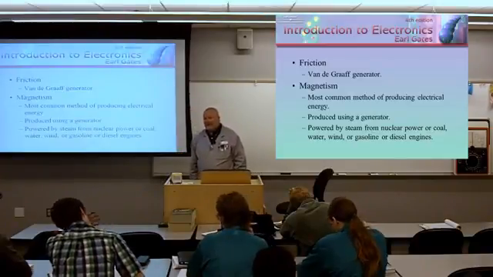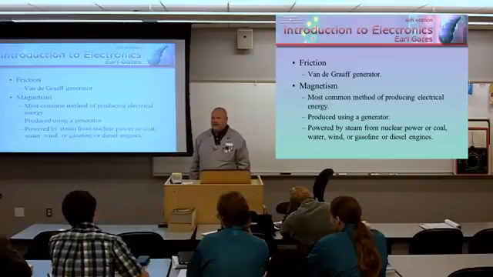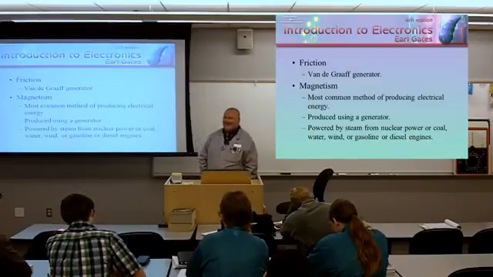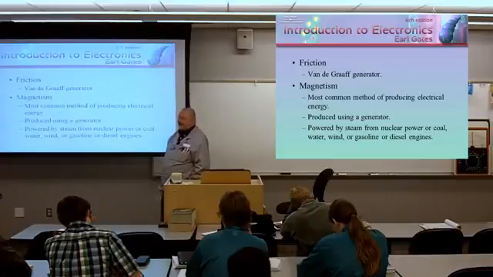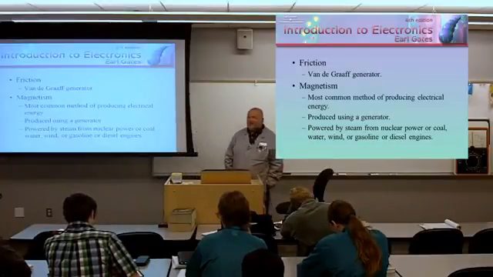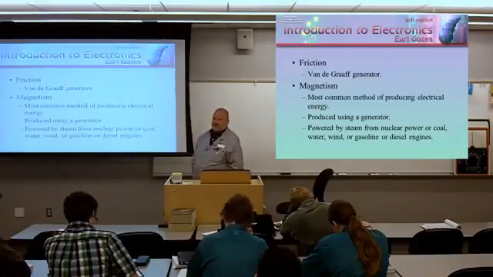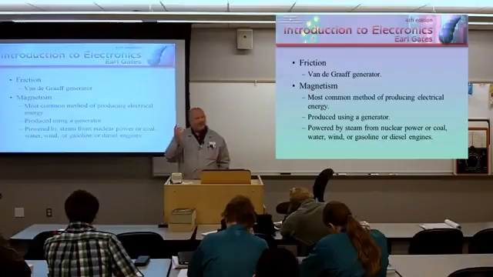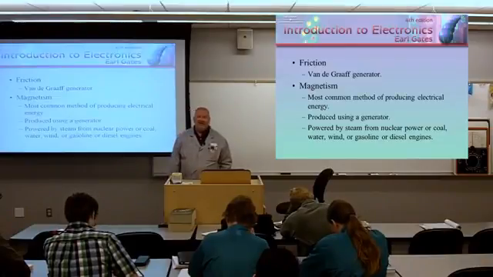A guy by the name of Ben Franklin figured that out by flying a kite in an electrical storm. One of our brilliant forefathers. It's amazing he didn't get electrocuted in the process. So lightning is a form of friction, caused by atmospheric friction, if you will, and that produces lightning.